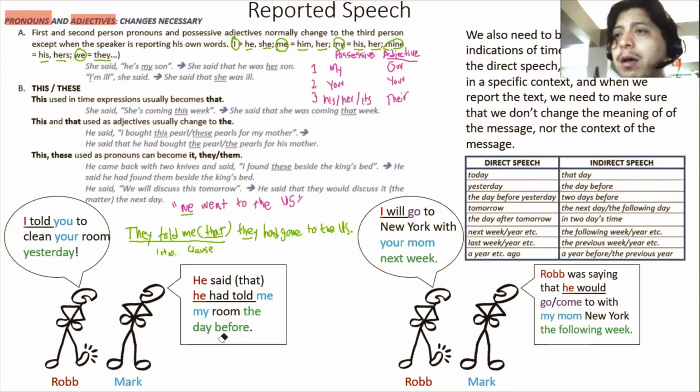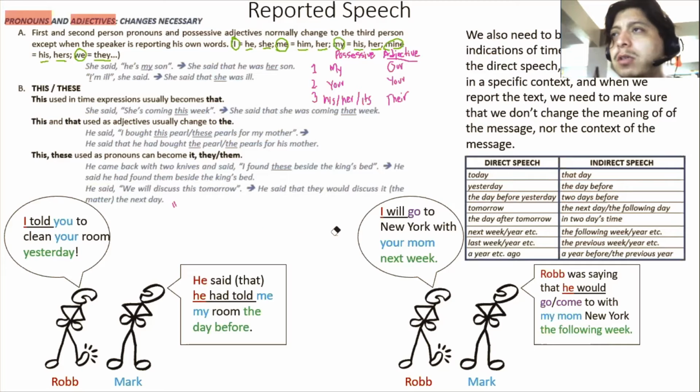So we have some examples of this right here in the text. Let me just erase some of this, and then you can see it. It says, she said, he is my son. She said that he was her son.